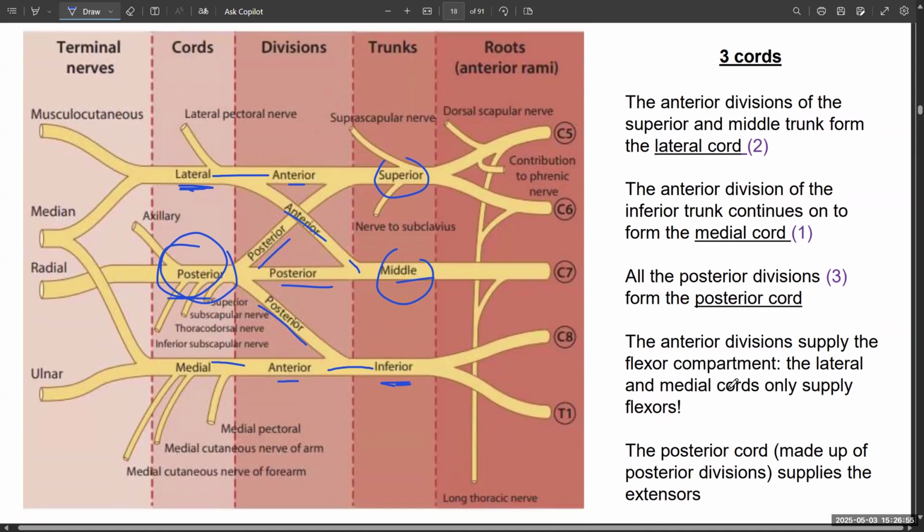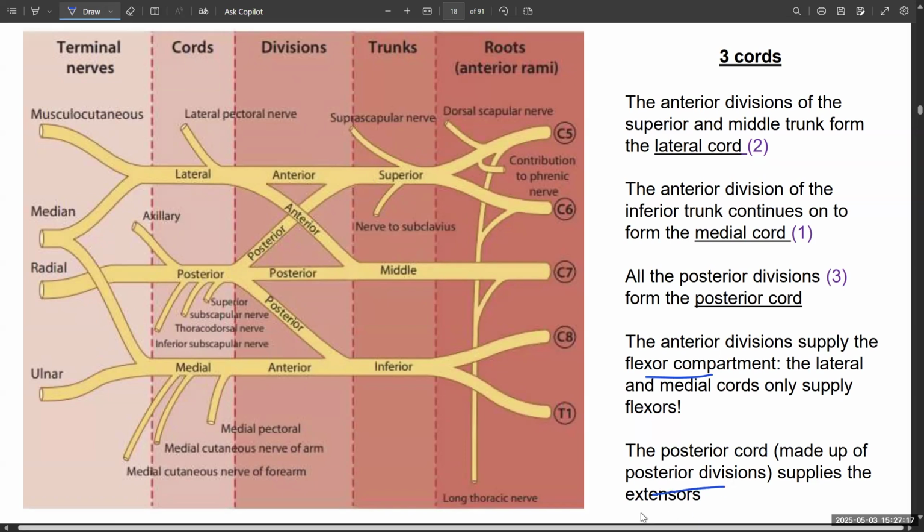Okay? Now, what we want to focus on here is, let me just erase this real quick. It's a little messy. Okay, so what we want to talk about is the relevance of the anterior divisions and the posterior divisions. The anterior divisions supply the flexor compartments. The posterior cord, which is made up of the posterior divisions, supplies the extensors. Now, what that means is that you have one anterior, you have the second anterior, right?